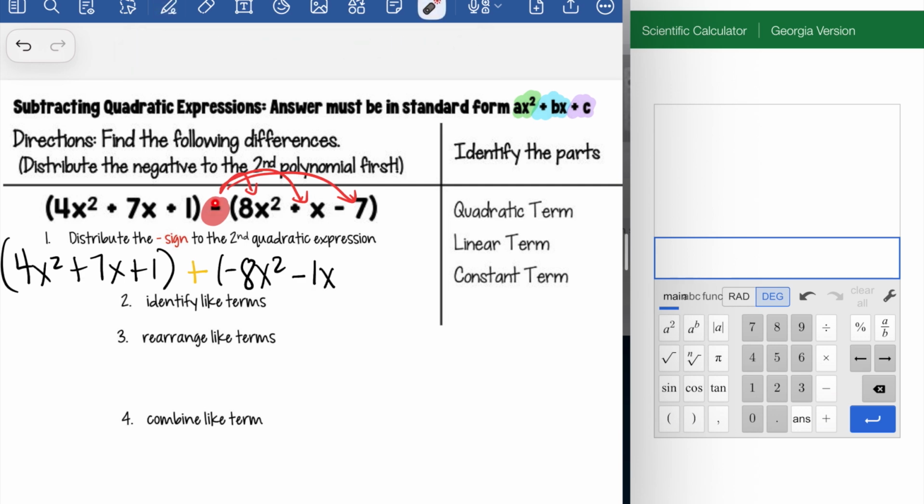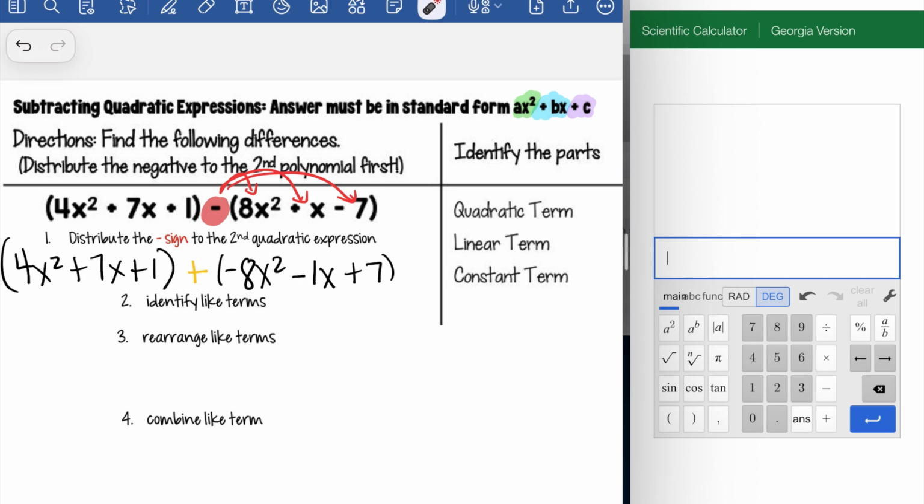Then I'm going to take the negative sign and distribute to the negative 7, which will make it a positive 7. So we have successfully rewritten this subtraction expression as addition. Now I want to identify what my like terms are, because I can do that now since I have rewritten it.